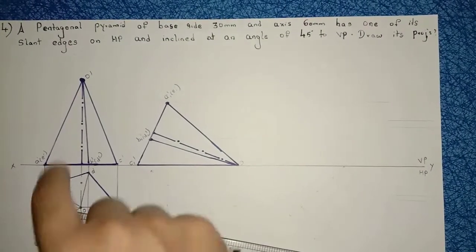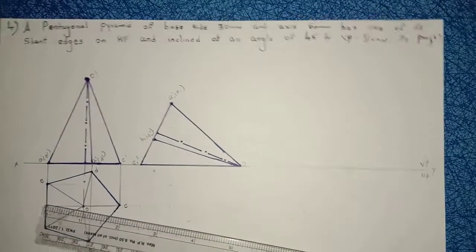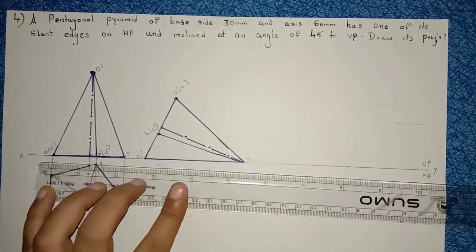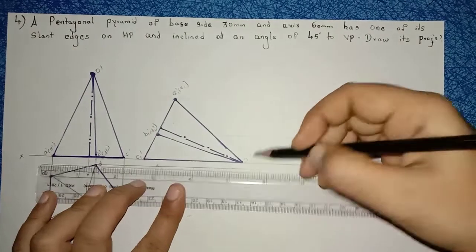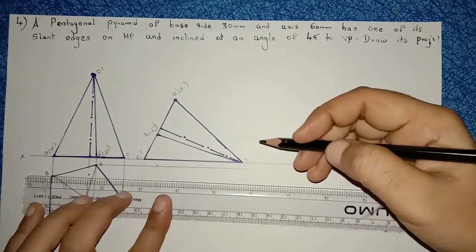Right, so 1, 2, 3, I have to construct the fourth step here. In order to construct the fourth step, from every corner of the pentagon draw the projectional lines of any length.